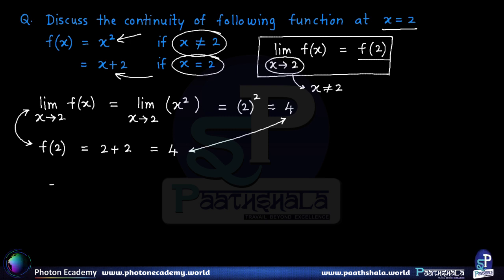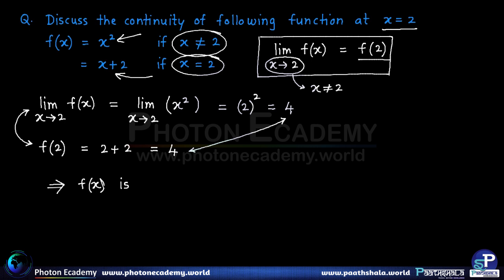So we say that the function is continuous at x equal to 2. Based on the definition, we say that the function is continuous at x equal to 2, which is the final answer. Right, let's move ahead and see another question.